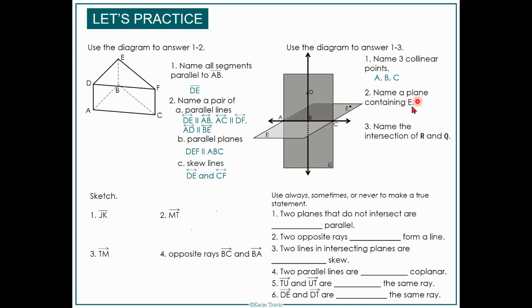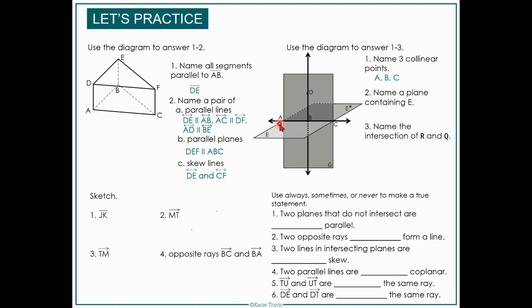All right, next it says name a plane containing E. If you remember, naming a plane lets you identify what you're exactly talking about on this shape. You can name a plane by either using the capital script letter in the corner or any three non-collinear points that happen to be on that plane. We say non-collinear because we have to be specific about talking about a plane versus a line.